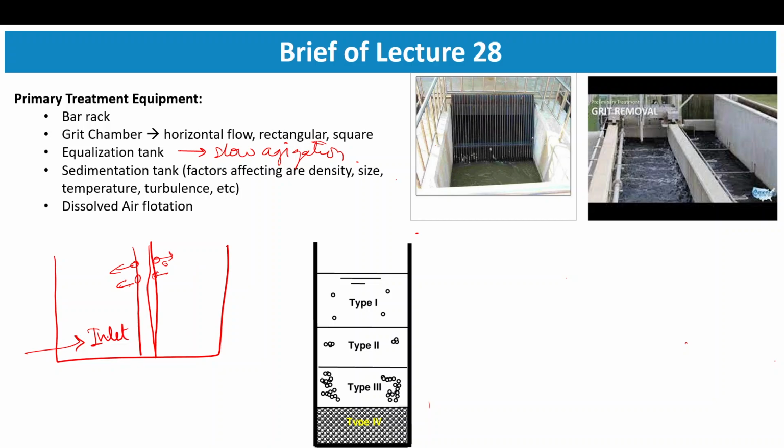Now as water comes in, the air bubbles at high pressure, if you are passing air from this point, will come out as bubbles, and these bubbles take up particles which have lighter density. So here you separate particles of lighter or smaller density.